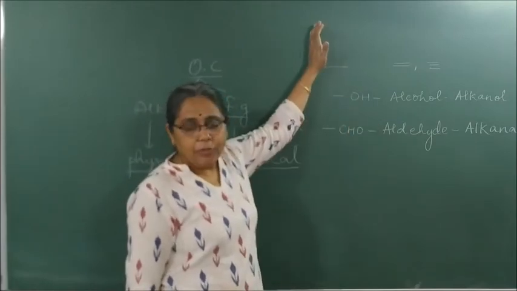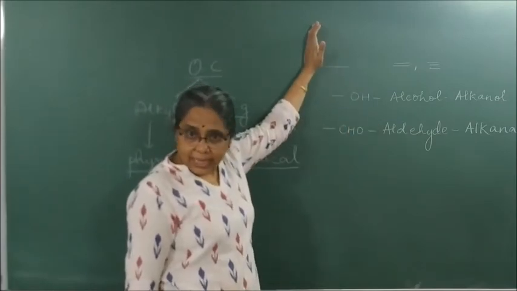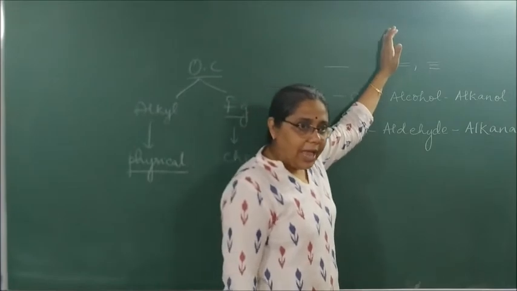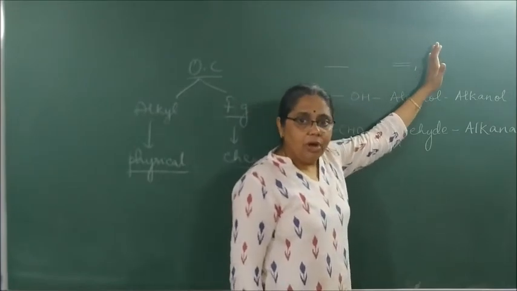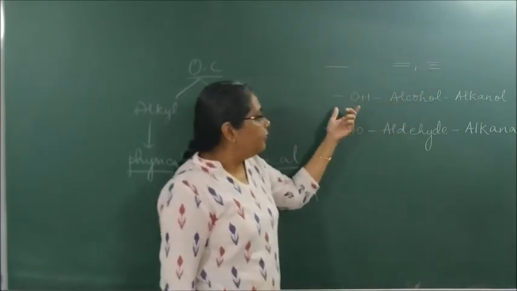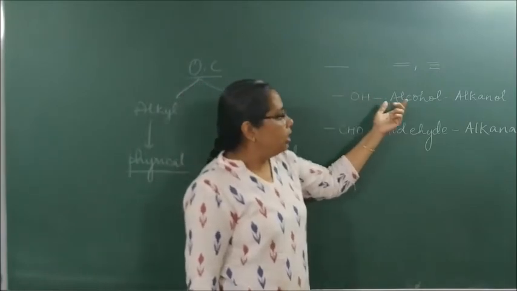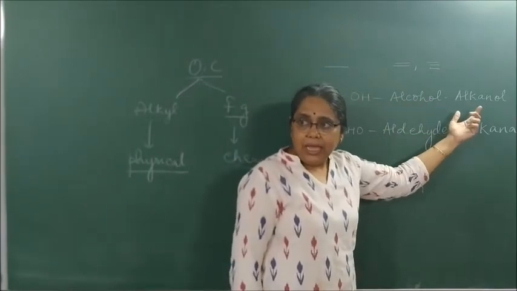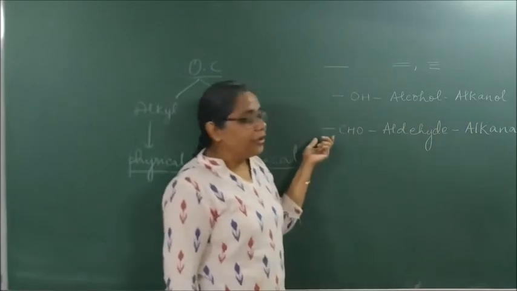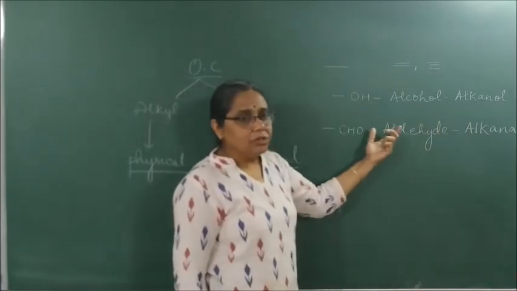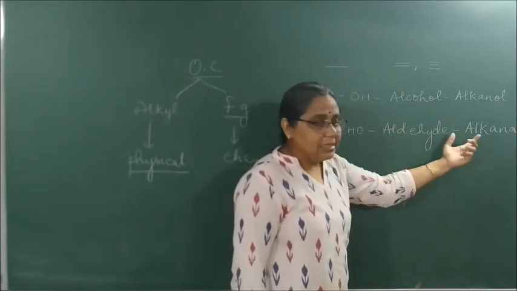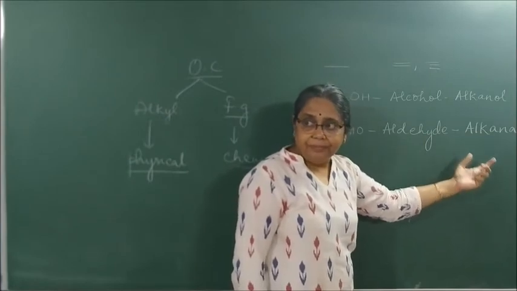Single bonds in IUPAC are called what? Alkane. Double bond is called what? Alkene. Triple bond is called what? Alkyne. If I have a functional group OH, it is called alcohol and named as alkanol. If I have a functional group CHO, it is called aldehyde and it is named as alkanal.